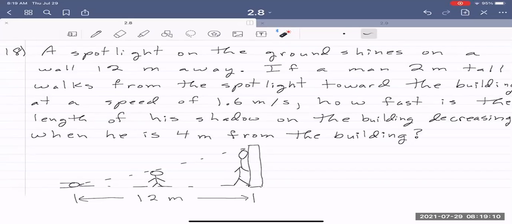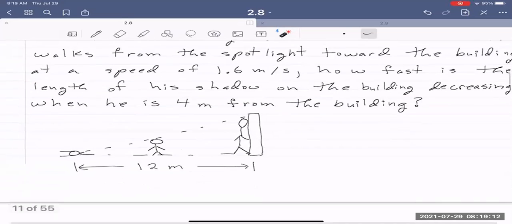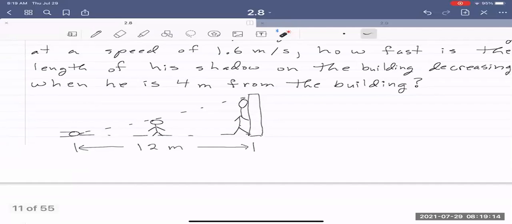I will assume that he's always 2 meters tall. So his height is a fixed 2 meters. So that's also fixed.